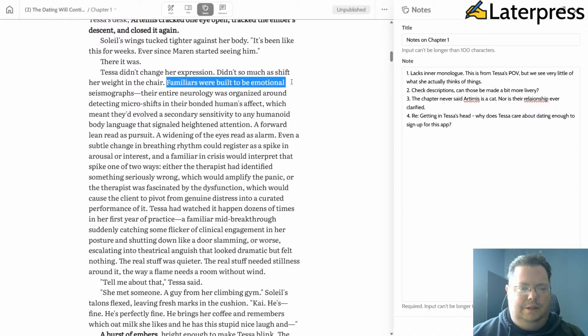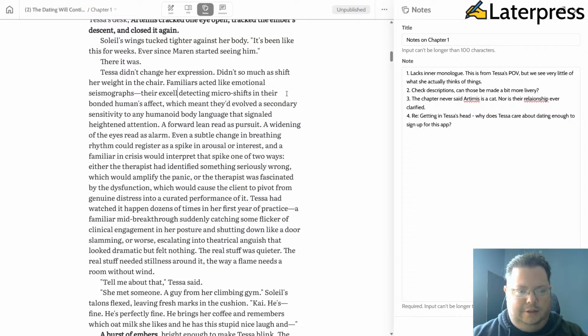Familiars were built to be familiars. I don't like built because that feels engineered versus mechanical. Familiars acted like emotional seismographs. Their entire neurology was organized around, they excelled at detecting micro shifts in their bonded human's affect, which meant they evolved a secondary sensitivity to any humanoid body language that signaled heightened attention.